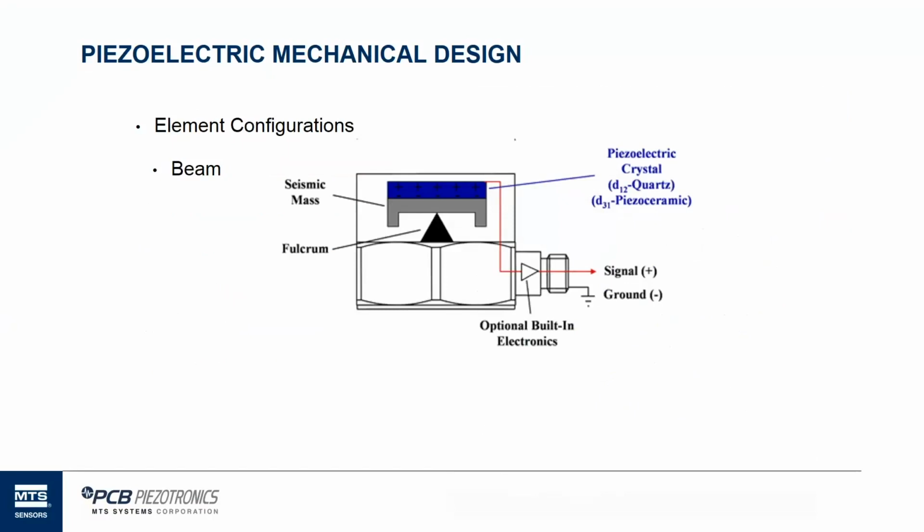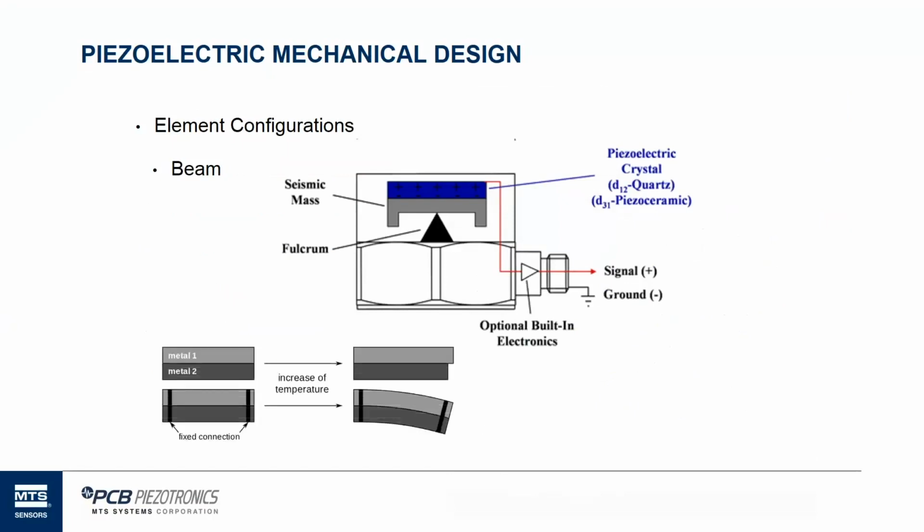But we don't use it very much anymore because what we found is, although it's very high output, and we all like a high output, high sensitivity sensor, if you look at those two materials bonded right next to each other, that's a structure very familiar. In this case, it's basically a bimetal device, and those bimetal devices move from the left to the right when we increase the temperature.